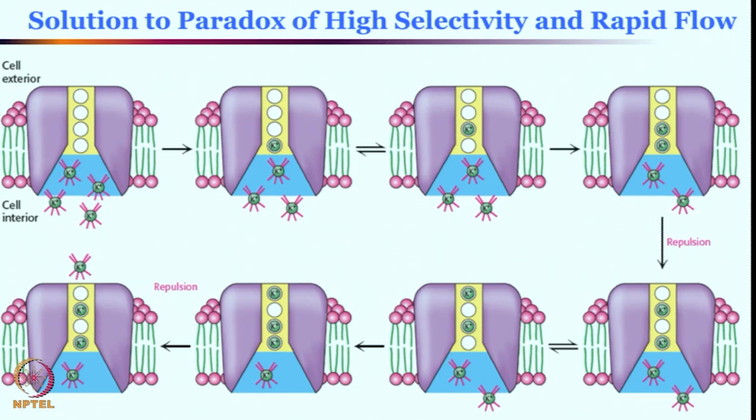So, what you have just seen is nature's beautiful architecture by which a potassium ion not only can be selectively passed through this channel, but a rapid flow of potassium ions is also ensured.